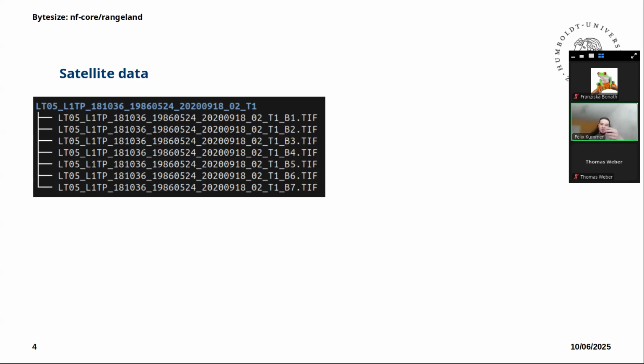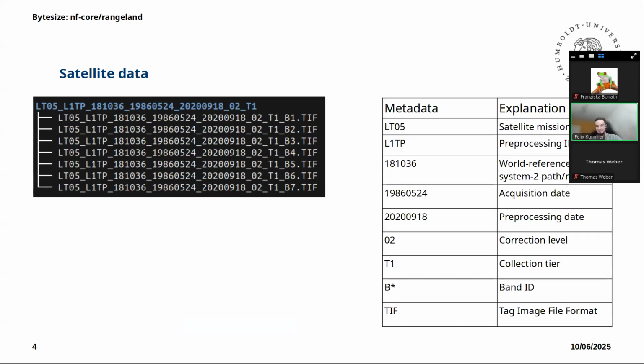This is a bit shortened. There are usually a few more files, but these are the files that actually contain data. The first observation is that there's a lot of metadata in these file names. This has been a pain to deal with when developing the Rangeland workflow for NF Core, but that's kind of standard in the community.